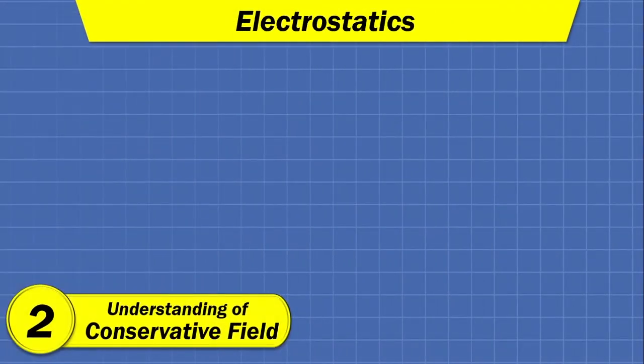the next very important concept is the conservative field. As we have seen, for any equipotential surface, say we have a positive charge, and 2 points on the equipotential surface, point A and point B. Now if I want to move a plus 1 coulomb test charge from point A to point B, then the work done is the potential difference between A and B, which is VB minus VA, the final point potential minus the initial point potential.